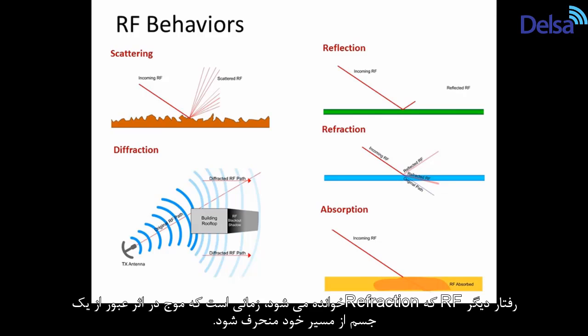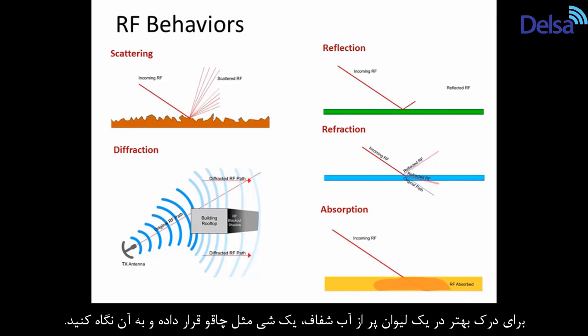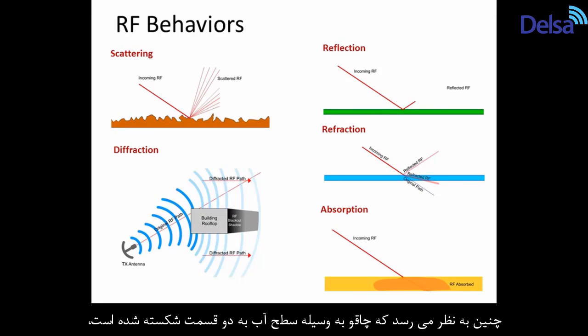Now, refraction is where the RF wave bends as it moves through a material. So it's going to change slightly. And the example I like to use with this is take a clear glass, put some water in it, and take a butter knife, place it in the glass, and look at it from the side. It will appear to you that the knife breaks in two at the point of the water.